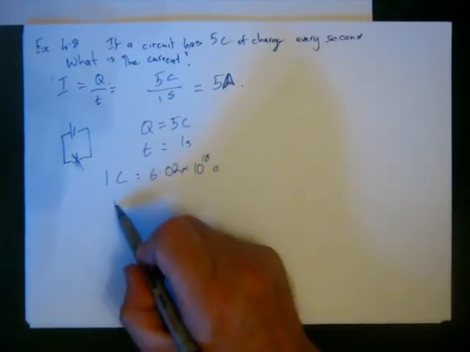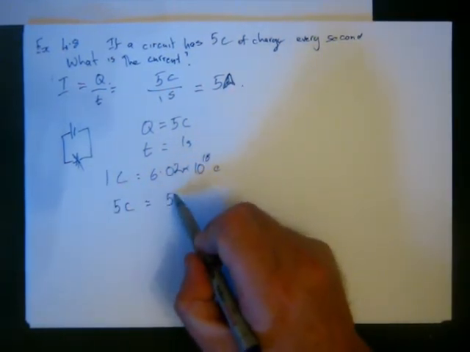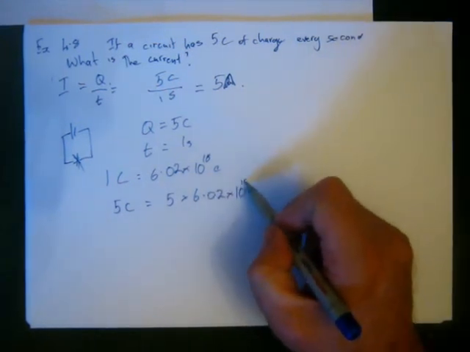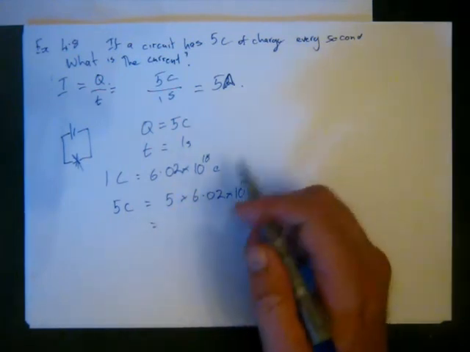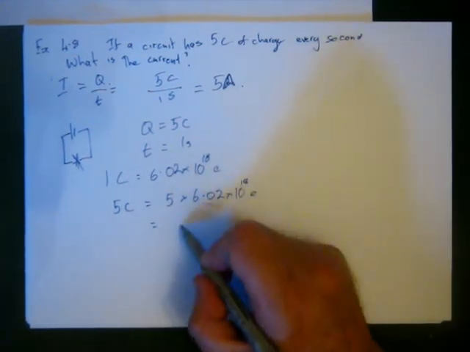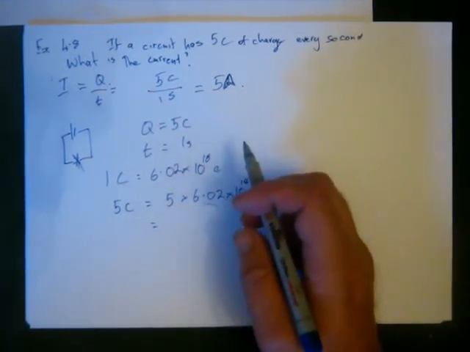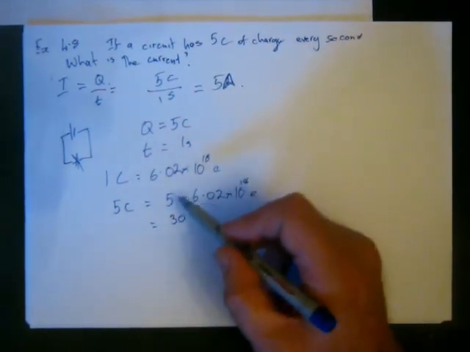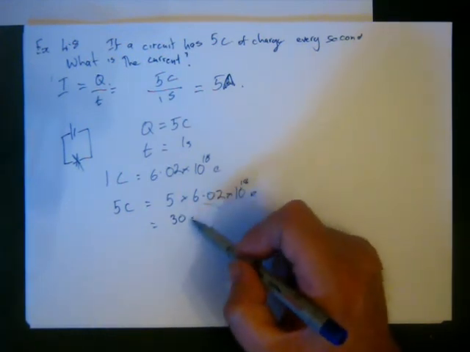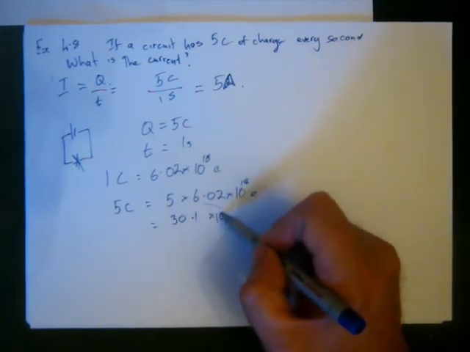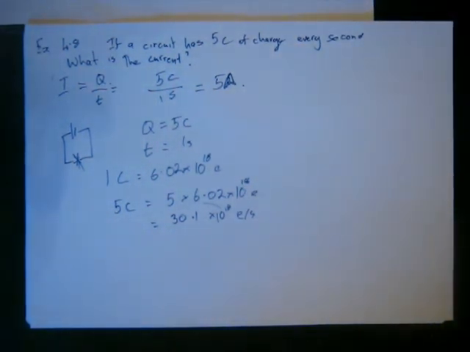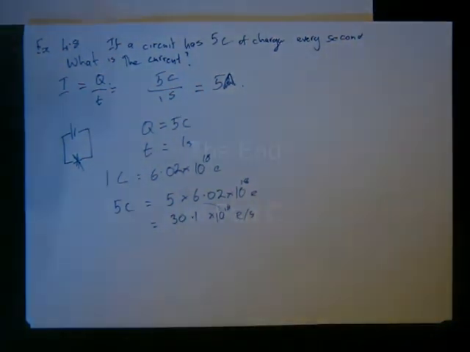So therefore 5 coulombs equals 5 times 6.02 times 10 to the 18 electrons, which is equal to 30.1 times 10 to the 18 electrons per second. Let's just check. 3.01 times 10 to the 19, yeah, okay.